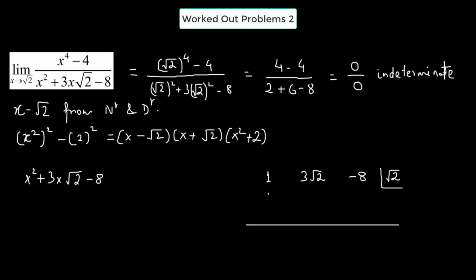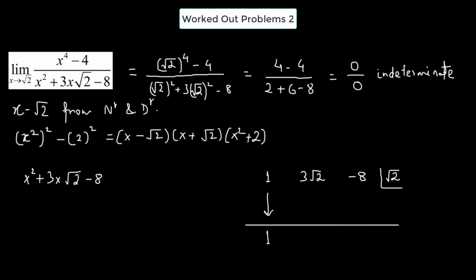and then we pull down the first value, which is 1. So we're going to take the value of 1 and multiply it by the square root of 2 and then place the value out here. So that will be 1 times square root of 2, which is simply square root of 2. So we place square root of 2 below 3 root 2.